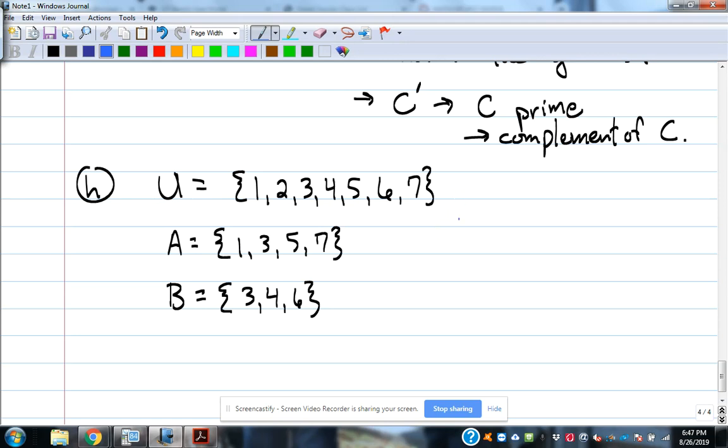All right, so the universal set is the one we're working from, okay? It's the larger set that we're talking about the complement from. So A complement, or A prime. What numbers from U are elements of A prime?